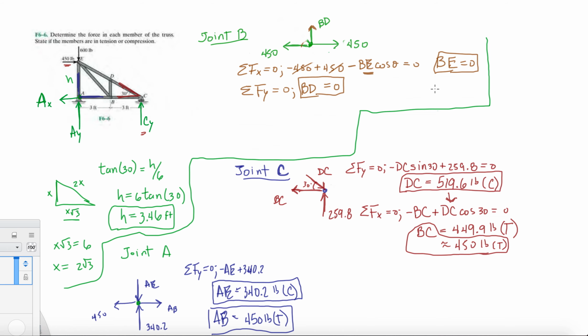All right. So we have BD, BE, so we have these two. And then you have a choice. You can either look at joint E, or you can look at joint D. And we've pretty much figured out all the members already.